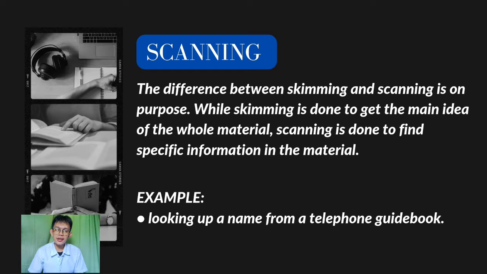We are only after the main idea of that article, but when we do scanning, we look for specific information in that article. Hence, it requires us to pay attention to almost all of the details put in there, but it isn't really necessary to understand all of them. You just have to look for that specific information that you are after.